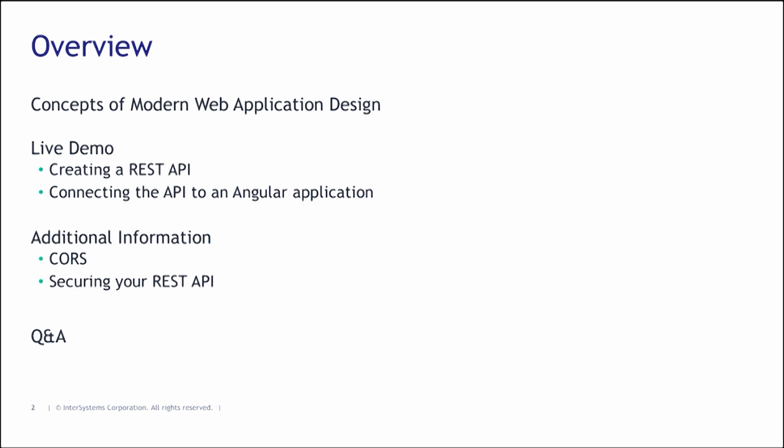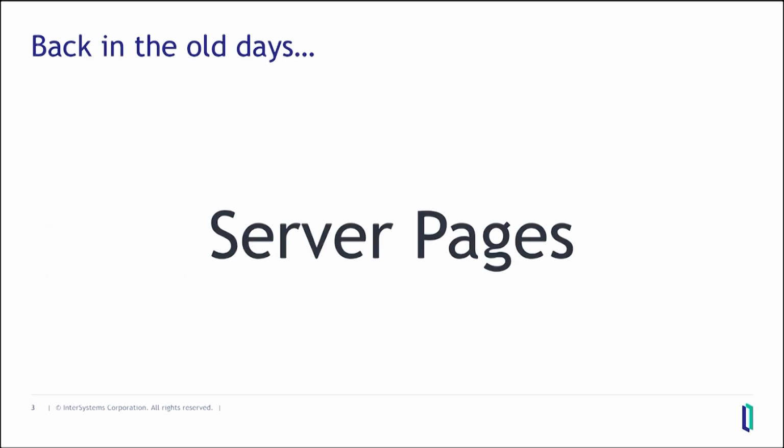So the topic is modern web applications, and I think it might be interesting to highlight the difference between what's modern and what's not to see how far we've come. Way back when, we had server pages, and the dominant idea with technologies like ASP, JSP, PHP was that the entire state of your application was maintained on the server where all the code was.